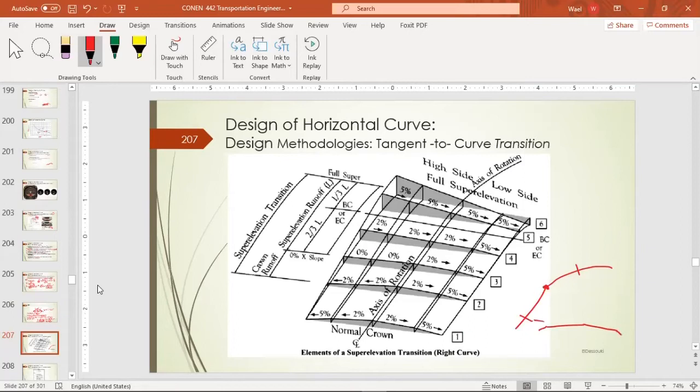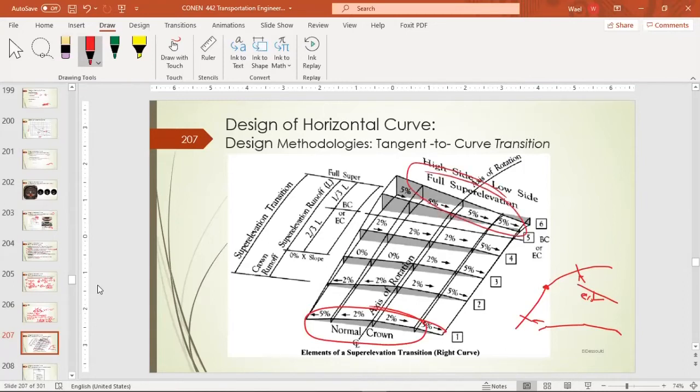So that's section 1. Section 2, that's on the curve, we have a super elevation. So how can we make this transition from that symmetric shape to that banking shape? That's the normal crown, and that's the full super elevation on the curve side.